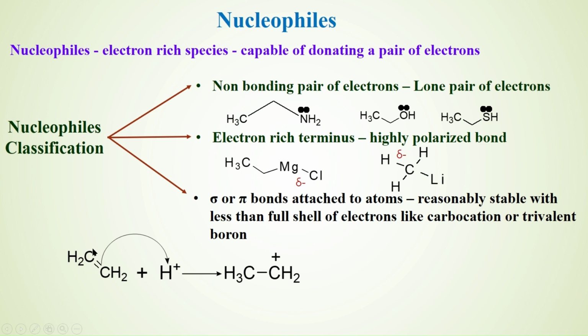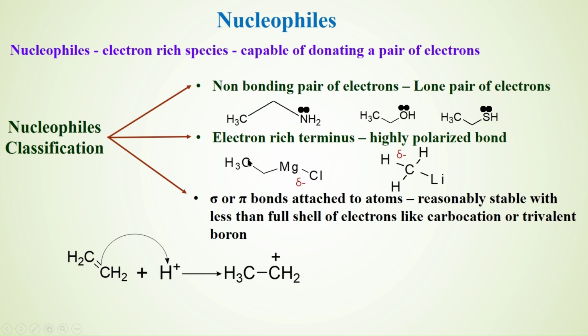Compounds with multiple bonds, that is sigma or pi bonds, which are reasonably stable with less than a full shell of electrons like carbocation or trivalent boron, are another set of nucleophiles. There are three types of nucleophiles. The species having a lone pair of electrons are the first set of nucleophiles.